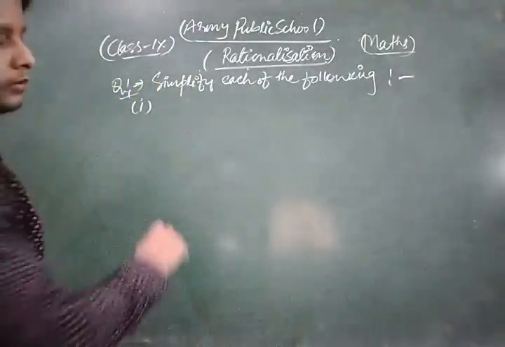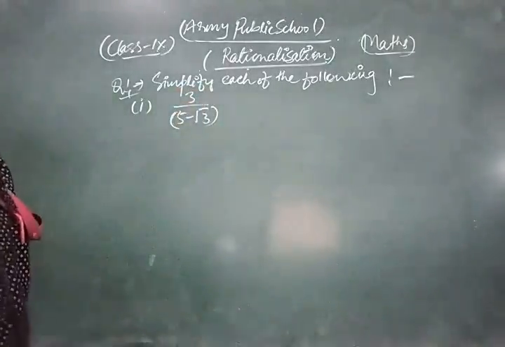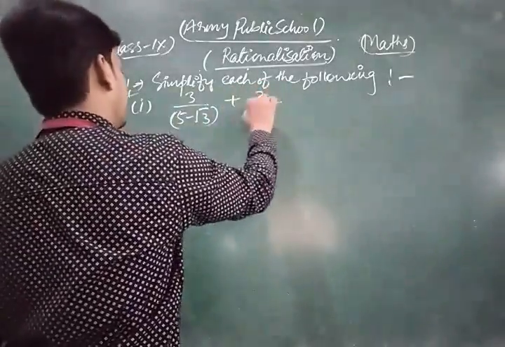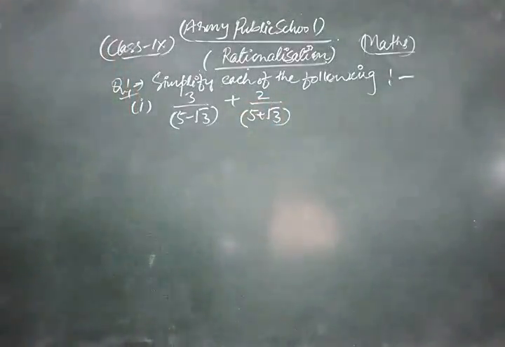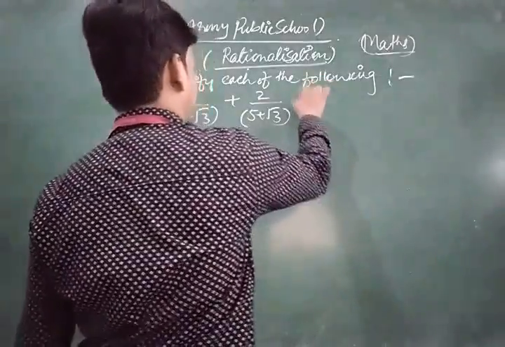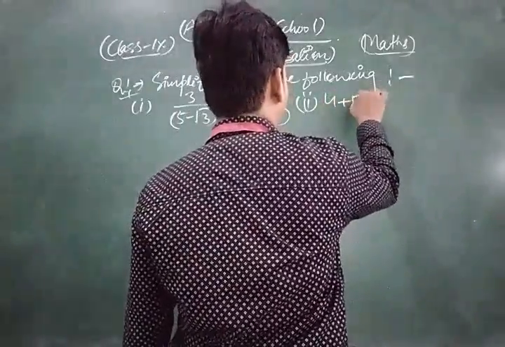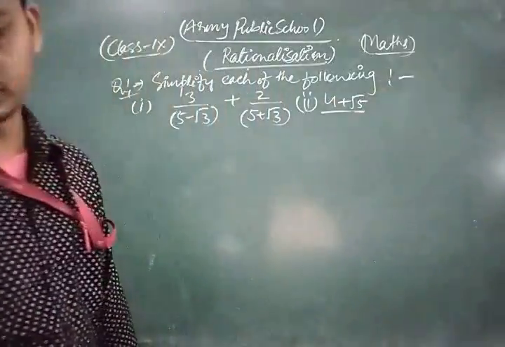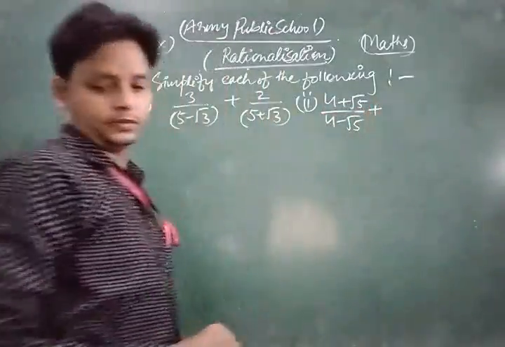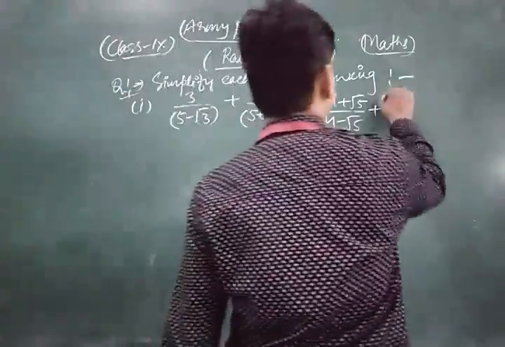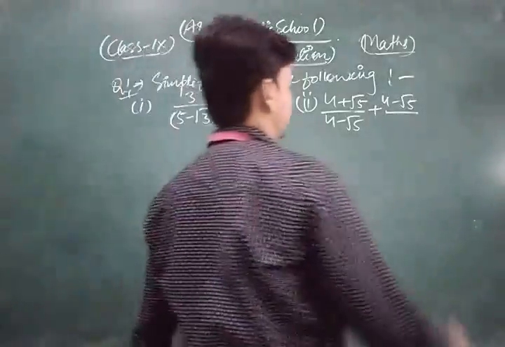First part is 3 upon 5 under root 3, plus 2 upon 5 plus under root 3, and second part is 4 plus root 5 upon 4 minus root 5, plus 4 minus root 5 upon 4 plus root 5.